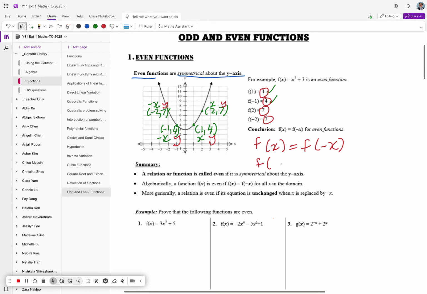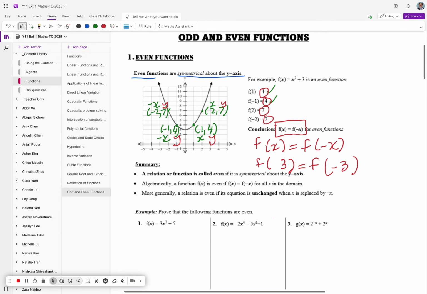So if I chose f of minus 3, actually let's reverse that for a minute. I'll say f of 3, that'd be f of minus 3. Okay, so this is a property of even functions, and it's true for all x values in their domain.